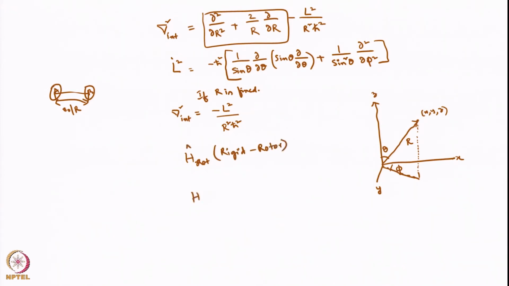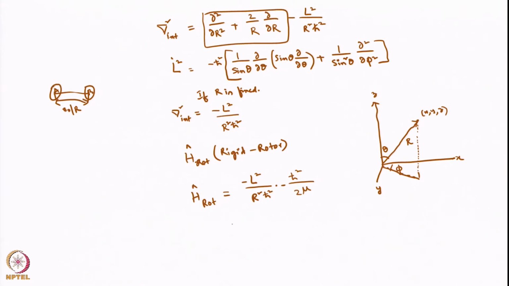So, my H rot now will be equal to L square by r square h bar square, into minus, this is your del square, h bar square by 2 mu.